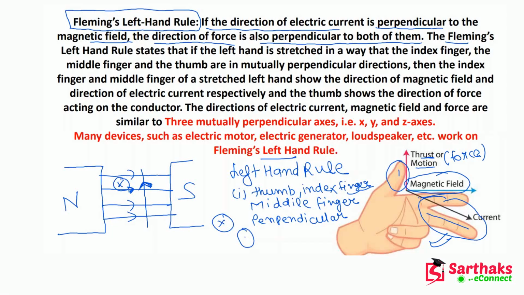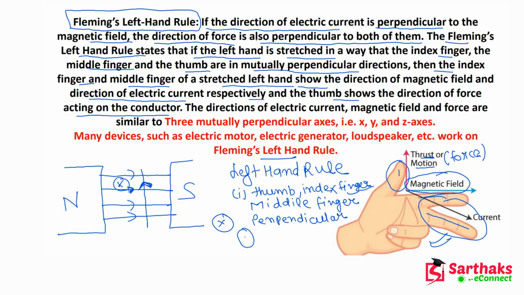Fleming's left hand rule states that if the left hand is stretched in a way that the index finger, the middle finger, and the thumb are in mutually perpendicular directions, then the index finger and middle finger of the stretched left hand show the direction of magnetic field and direction of electric current respectively, and the thumb shows the direction of force acting on the conductor.